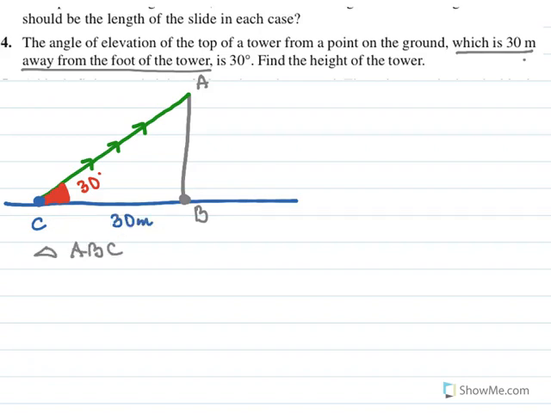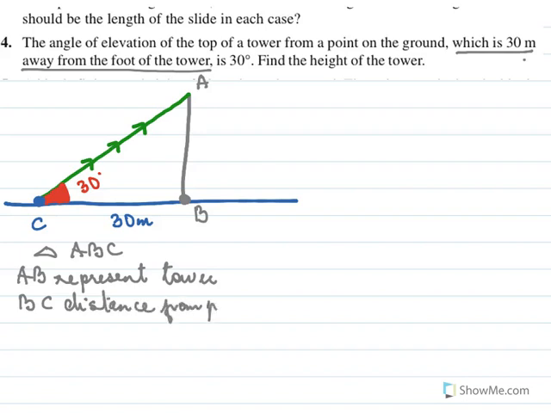So in the triangle ABC, AB represents the tower, and BC is the distance from the point of observation, and of course AC is your line of sight.